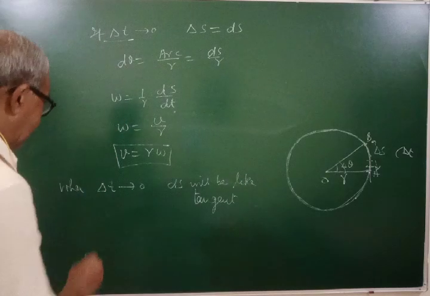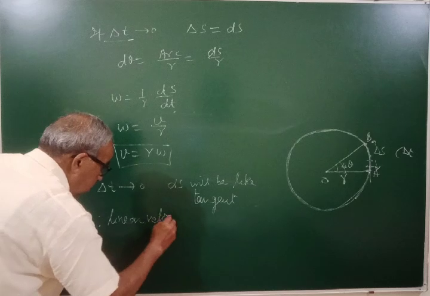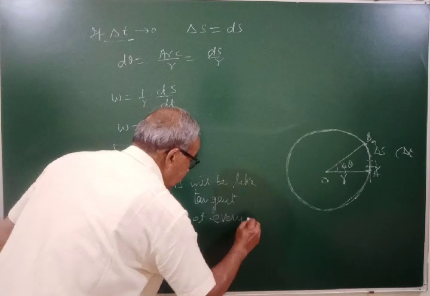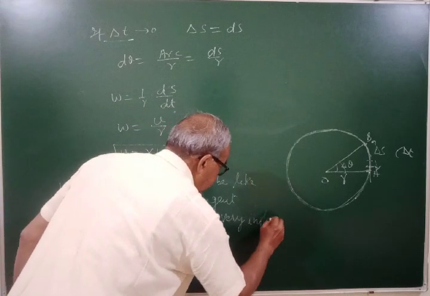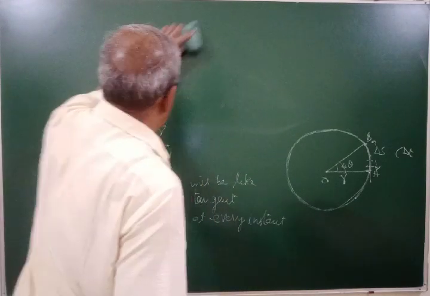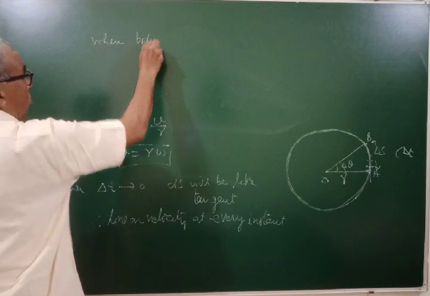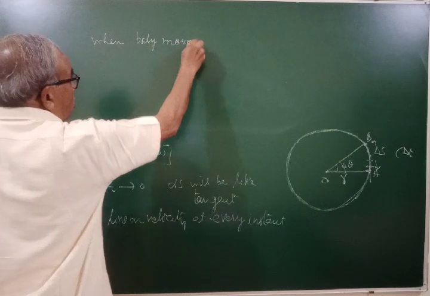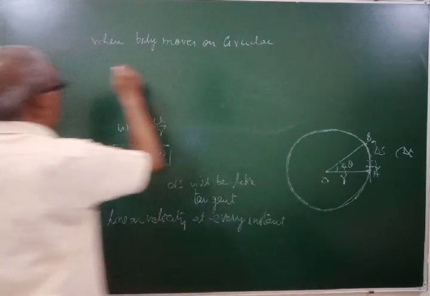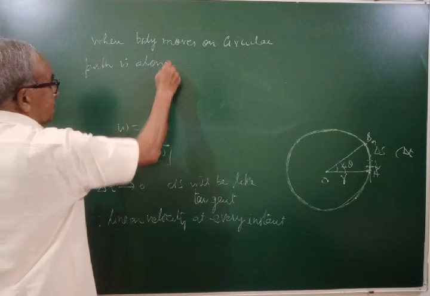And therefore linear velocity at every instant, when a body moves on a circular path, is along the tangent.